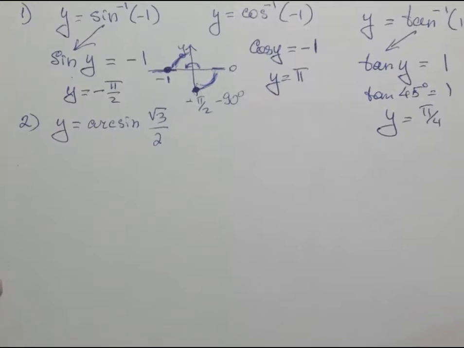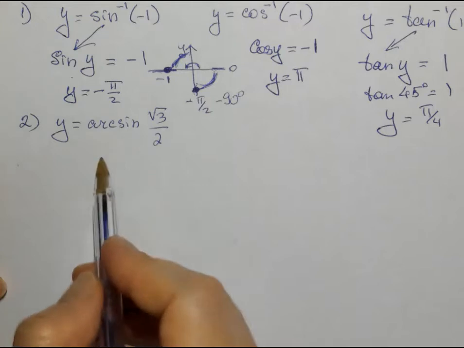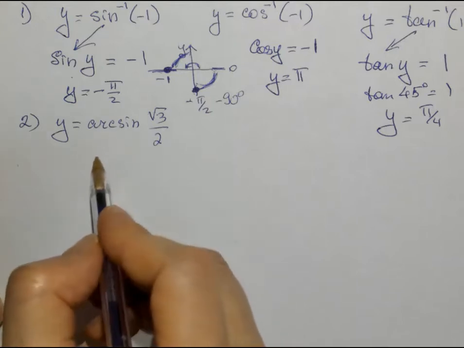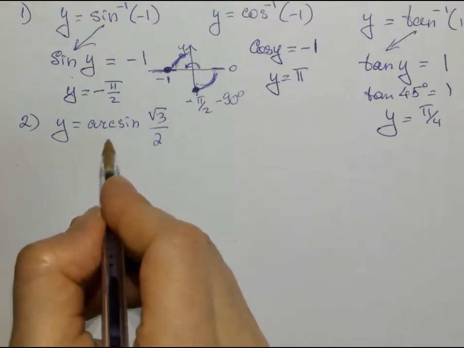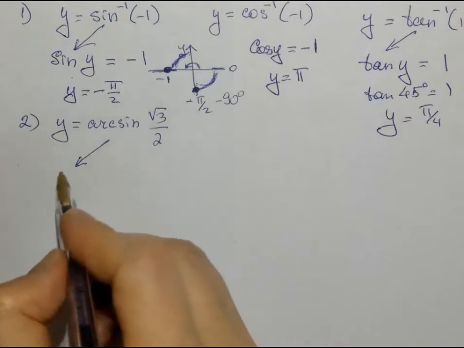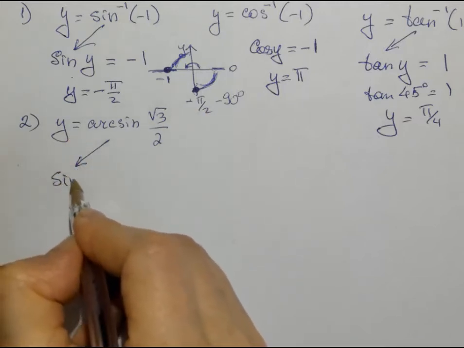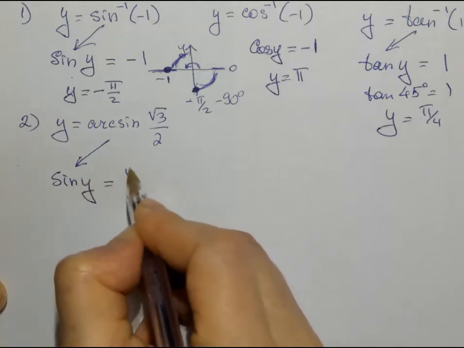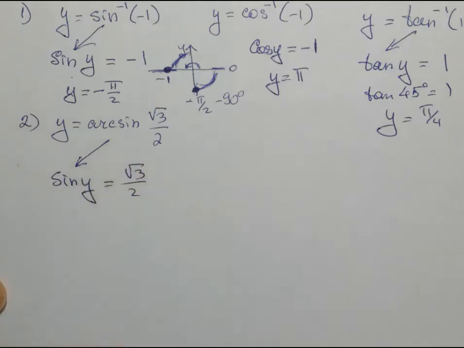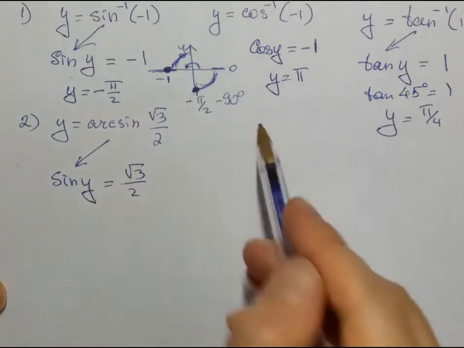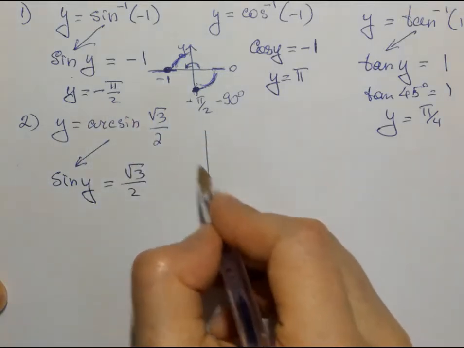Y equals arcsine of square root of 3/2. The same method, we write it without arcsine or without inverse function. Sine of y equals square root of 3/2. If the arcsine is positive, then we are in the first quadrant.